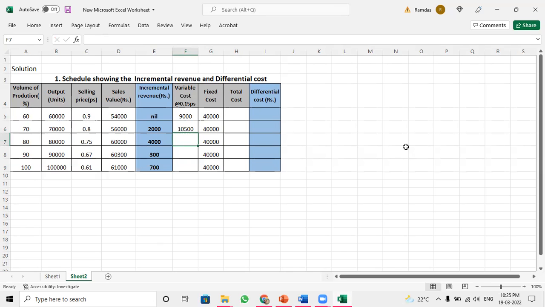I repeat, the variable cost as they have given is cost per unit. We are going to calculate for the total output, so it is equal to output into variable cost per unit. I apply the same formula for the rest of the levels.